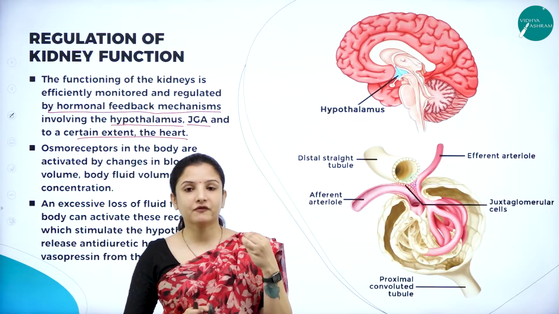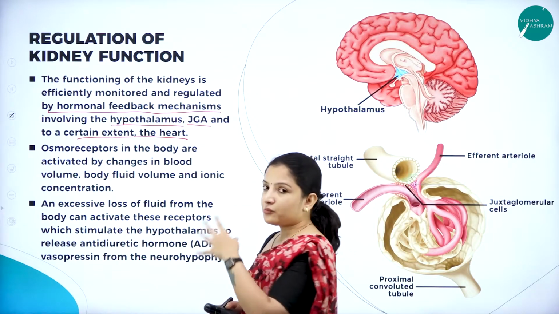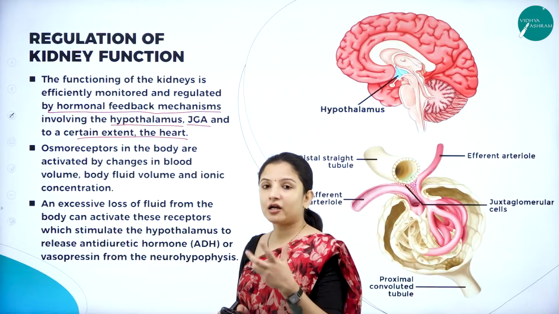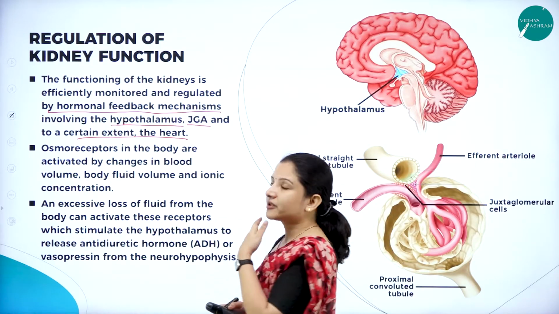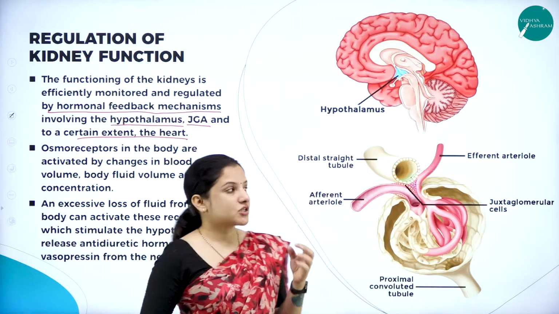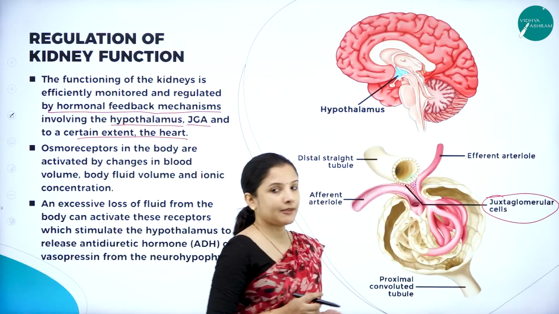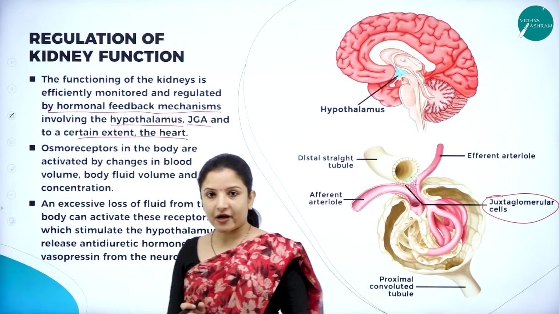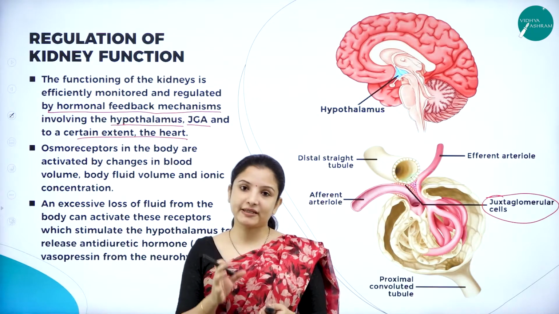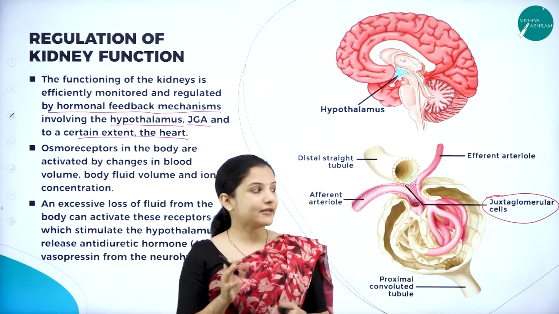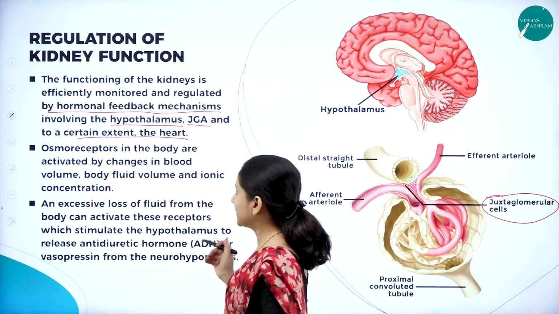The regulation of the function of the kidney is mainly because of the hormonal feedback mechanism produced by the hypothalamus part of the brain, the juxtaglomerular apparatus present in the kidney, the nephron, which is the functional unit of the kidney, and also to some extent the heart, which also plays a major role here. You'll understand exactly how the heart plays a major role in the coming slides.